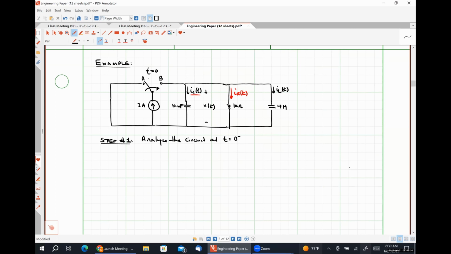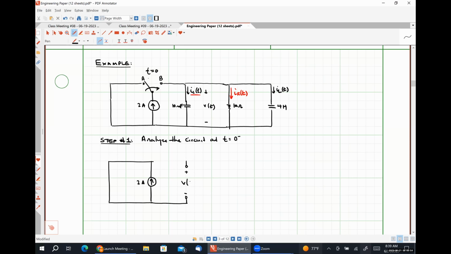So at t is equal to 0 minus, we are at DC steady state. Here is our 2 amp source connected to terminal A. Our capacitor is going to look like an open circuit.